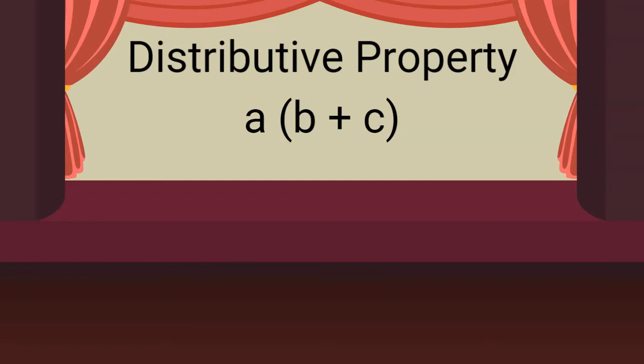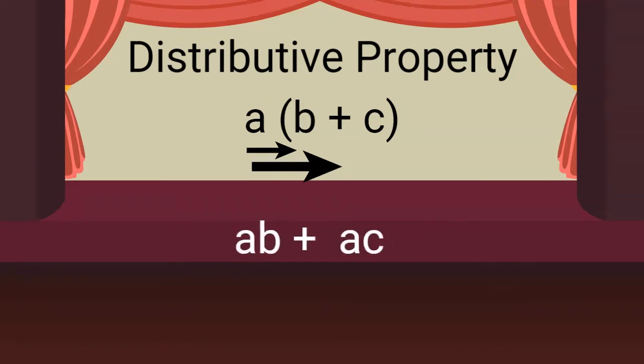We're going to take the value outside of the parentheses and distribute it to all of the items within the parentheses. Take that outside value and give it to the first term in the parentheses, and then take that outside value again and give it to the second term. What you'll end up with in this case is A times B plus A times C.